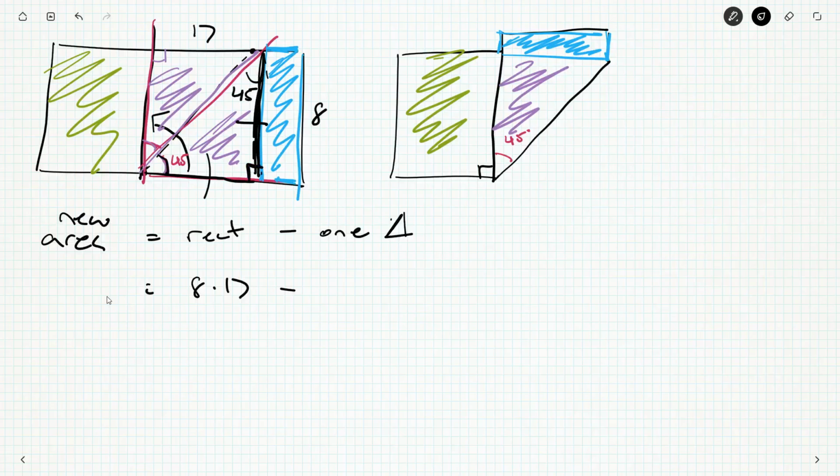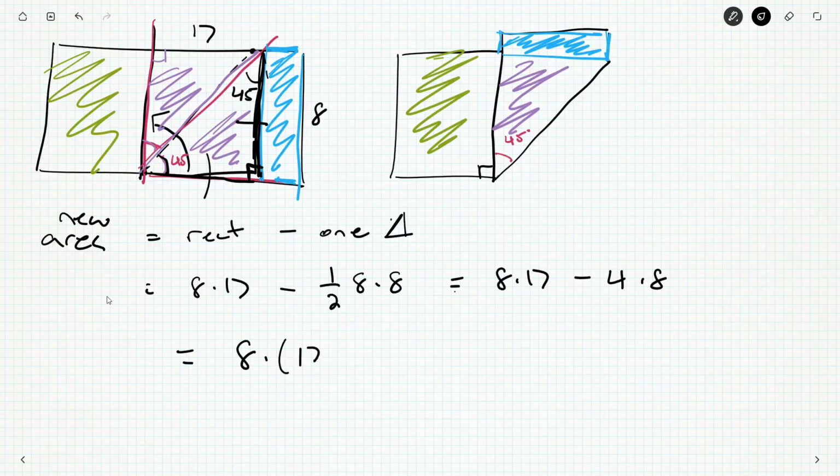So if the height here is 8, the base here is 8 because it's isosceles, and since it's a right angle triangle, we can do 1/2 base times height. So this is 8 times 17 minus 1/2 of 8, which is 4, so 4 times 8. Pulling out the factor of 8, we'll get 8 times 17 minus 4, 8 times 13.